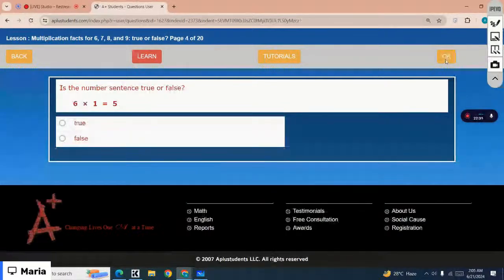Is the number sentence true or false? 6 times 1 equals 5. Is it true or false?